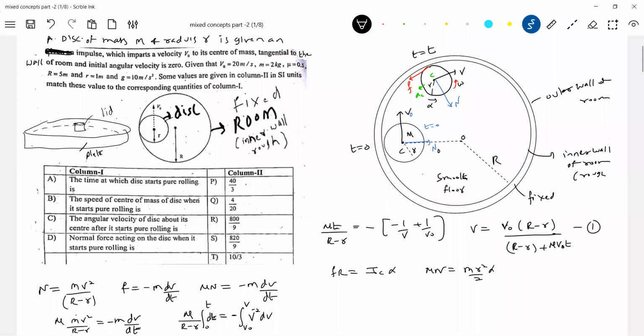Let's substitute the value of N. But we have v and alpha, no? What to do? Can you write alpha as d omega by dt?